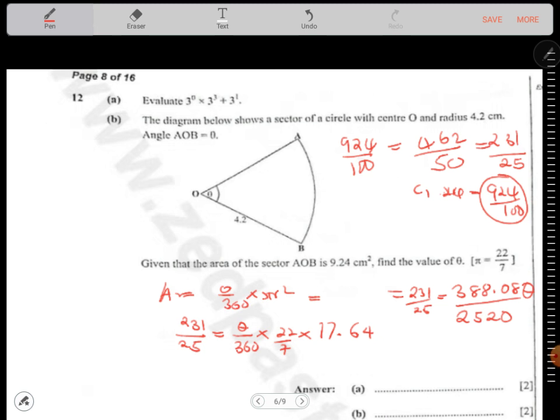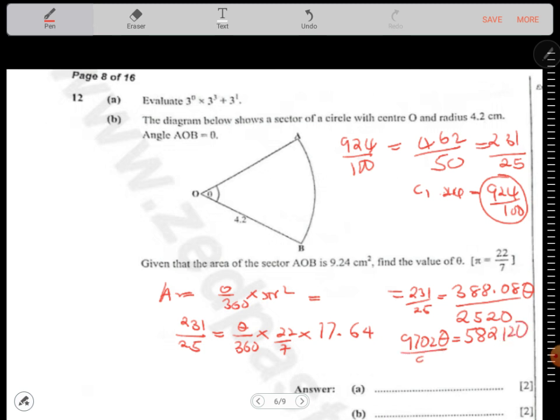So this times this now. Make sure this is paper 1, by the way, so no need of using a calculator. They catch you, you are dead. Theta is equal to this times that: 231 times 2520, which gives 582,120.